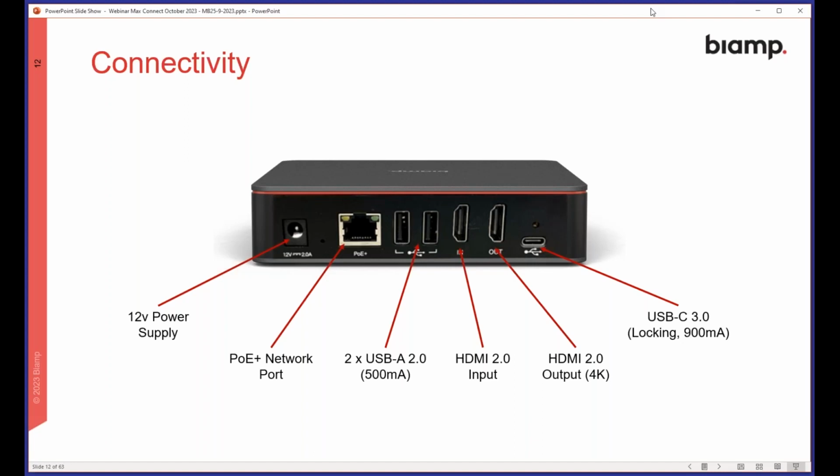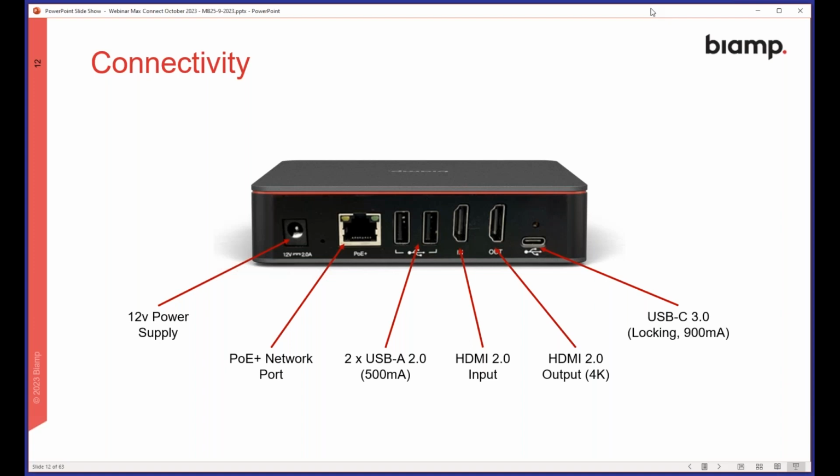So you have the option to power the unit using PoE. A couple of USB ports for connecting devices, camera, or the USB cable from the touch display for the touch functionality.